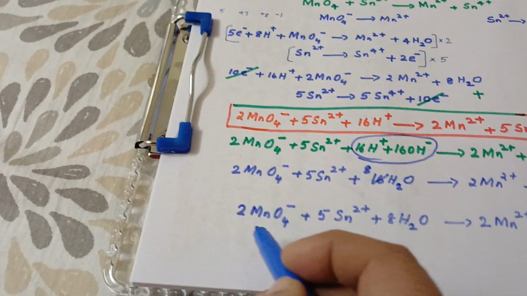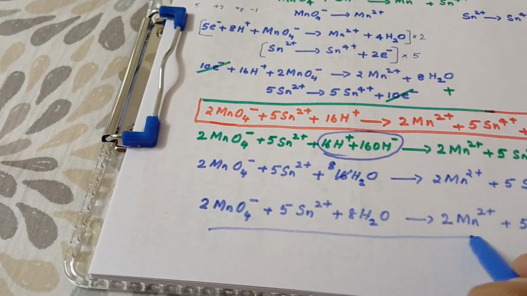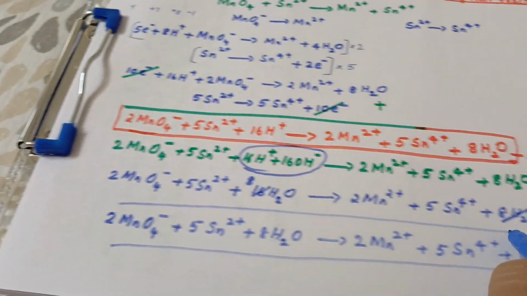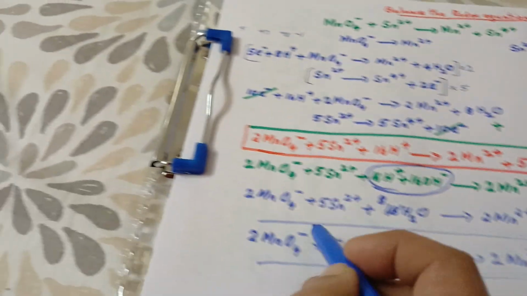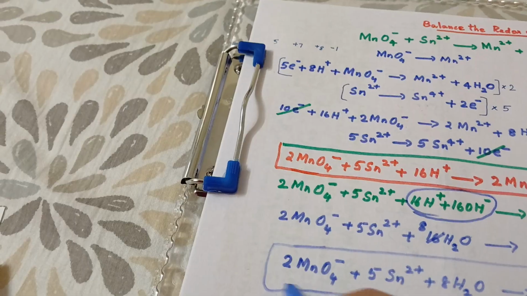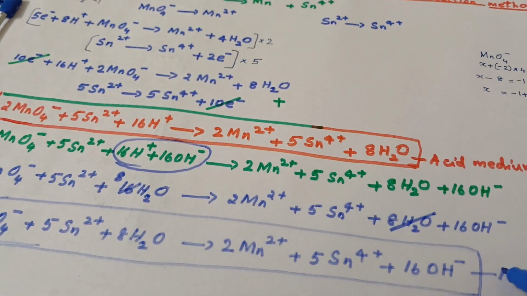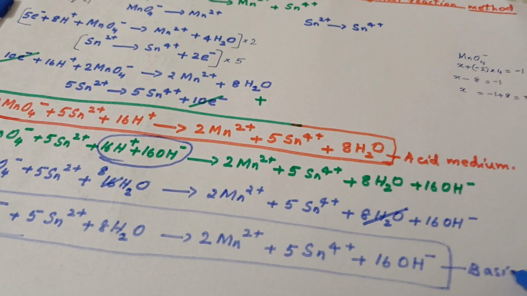So this 16 OH minus ions indicate that this is in the basic medium. So this is the balanced equation for the redox reaction in the basic medium.